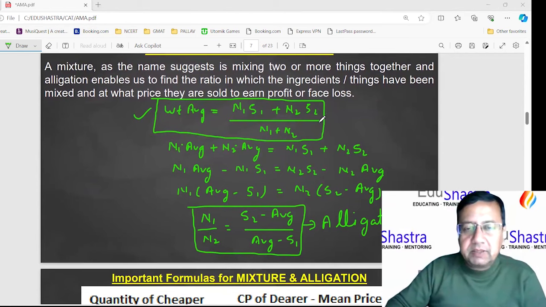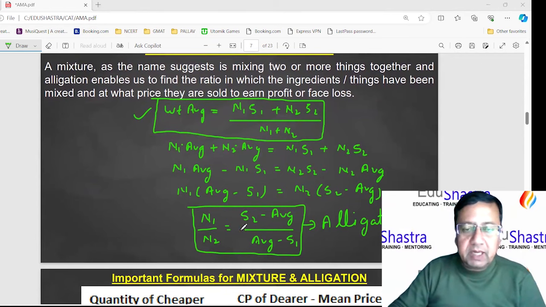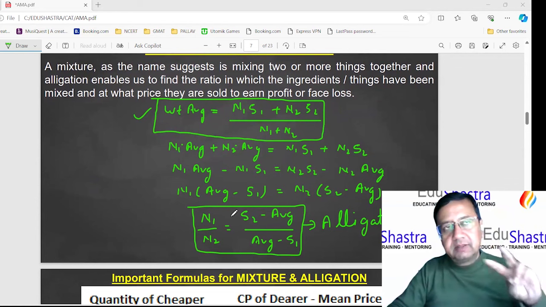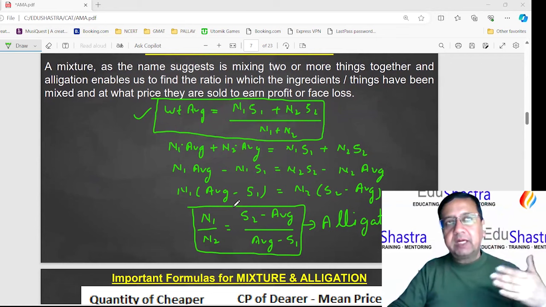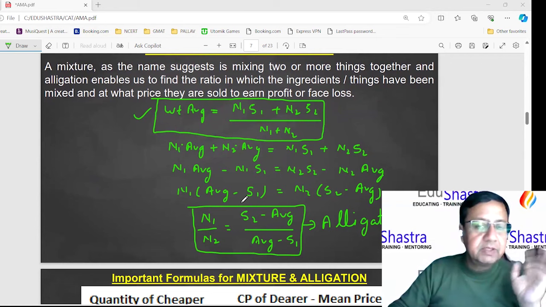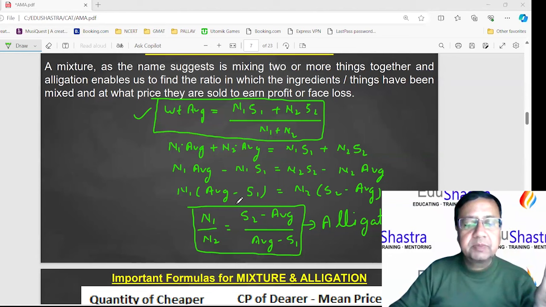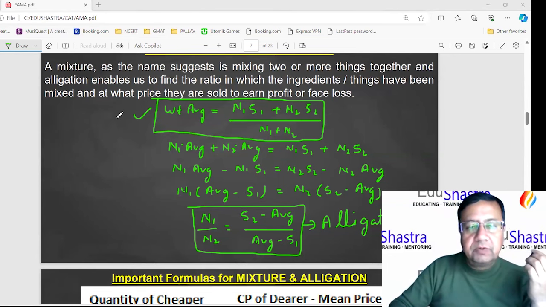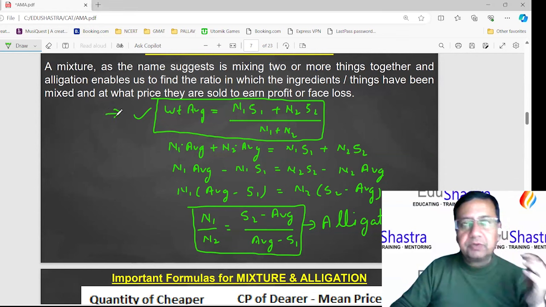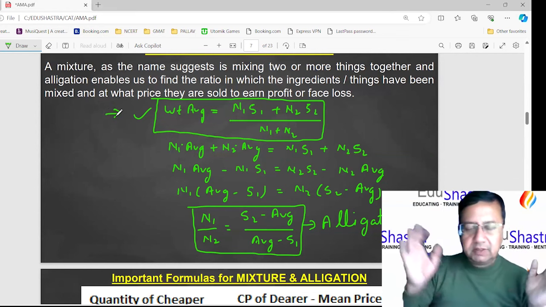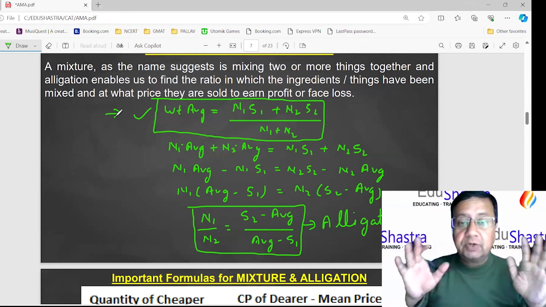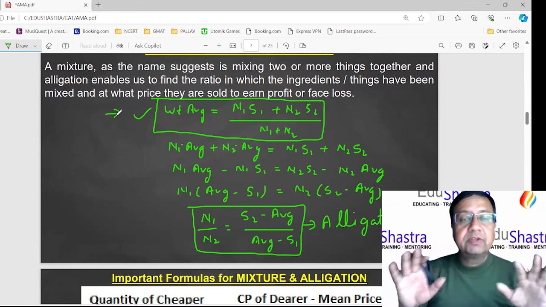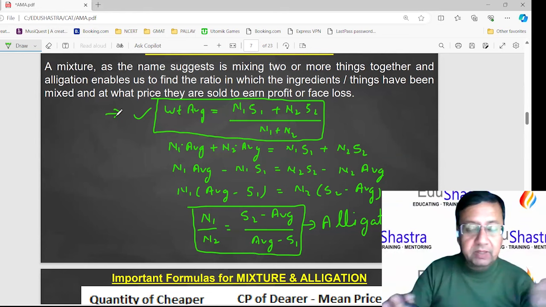you can see weighted average and allegation are just two different arrangements of the same formula. So when you are calculating, now see the difference in these two terms. Why are we calling one expression weighted average and the other allegation? If you look at the first one, there is one group of boys, there is another group of girls, and you are finding the total weighted average of the entire group, right?